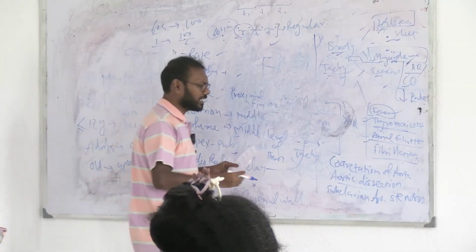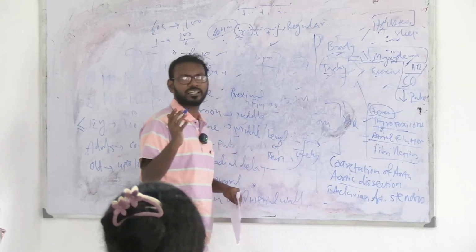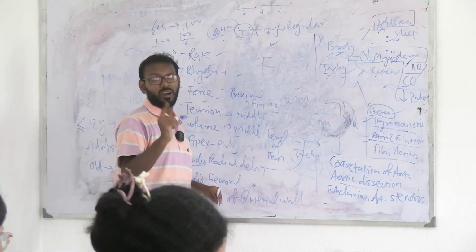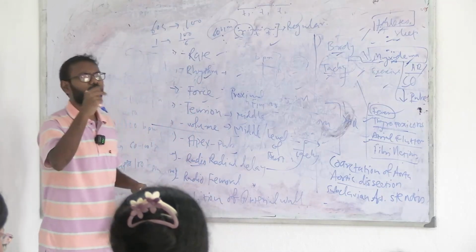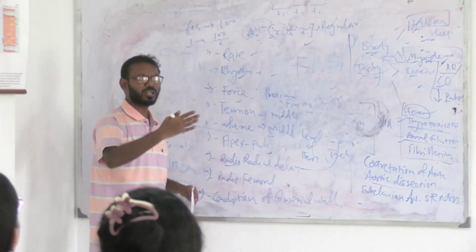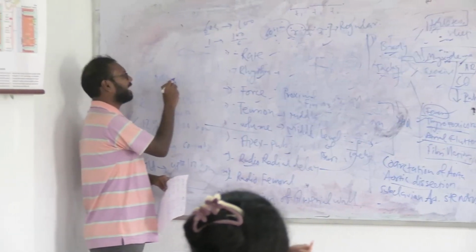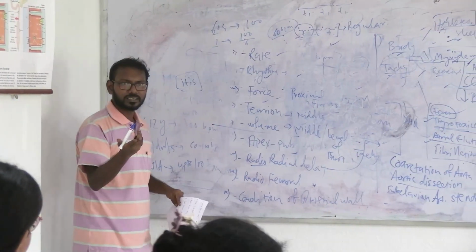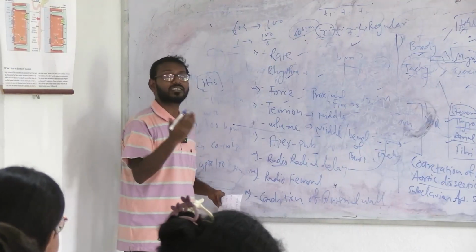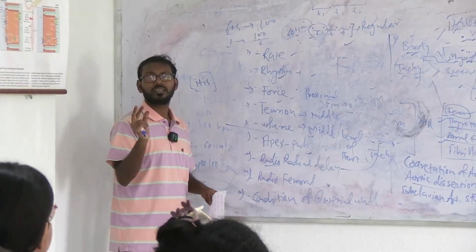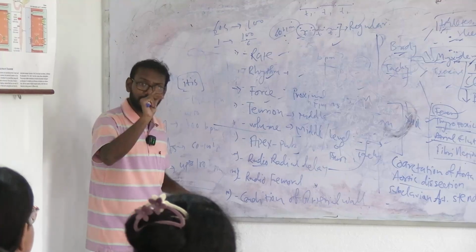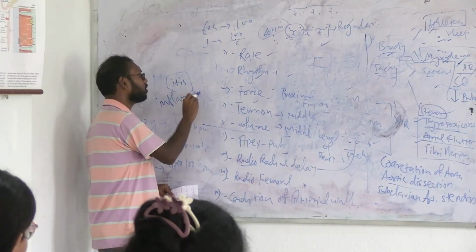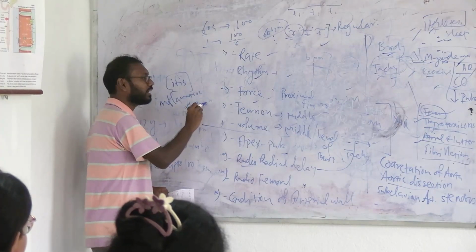There is another very bad name, you can write it if you want, this is an inflammatory disease. Okay, and you have to know these things, gradually you will learn, but just know this: itis means inflammation, not infection. Itis: dermatitis, keratitis. Arthritis means inflammation of bones, so that's your arthritis.